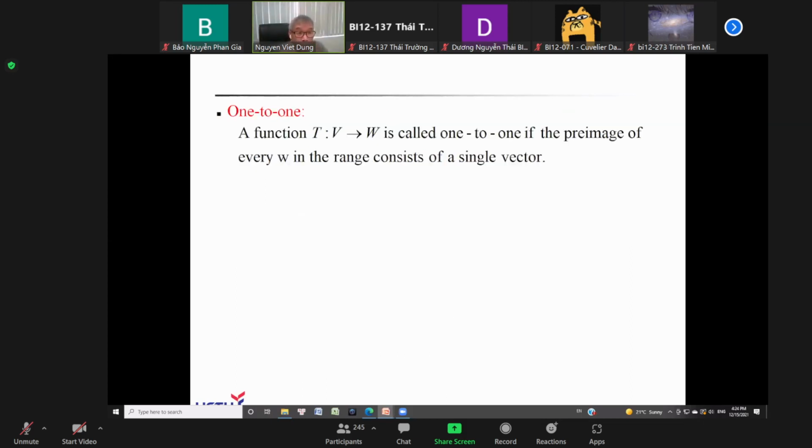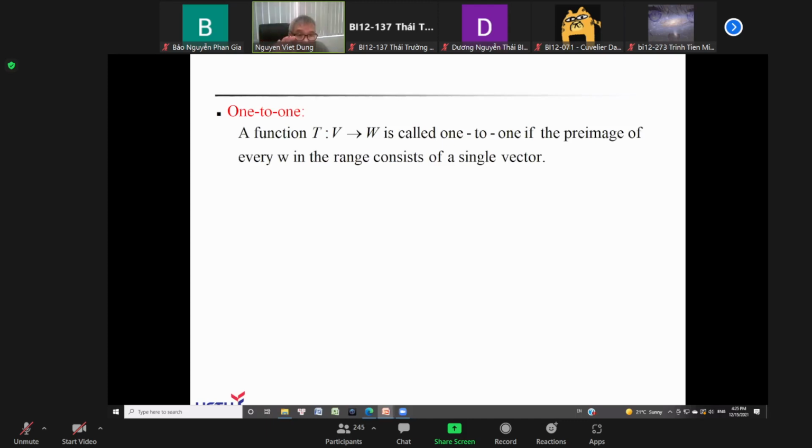Next, I introduce you the notion of one-to-one function or mapping. The one-to-one in Vietnamese we say đơn ảnh, ánh xạ đơn or đơn ảnh. So here is a definition.